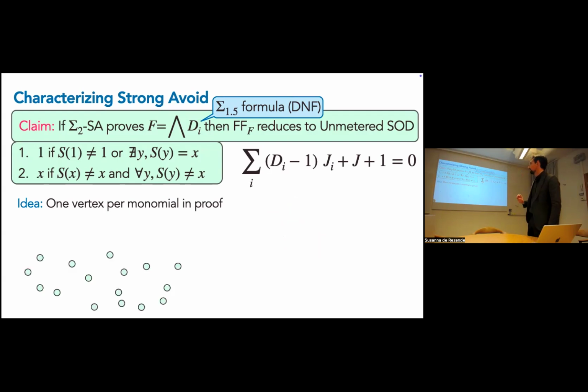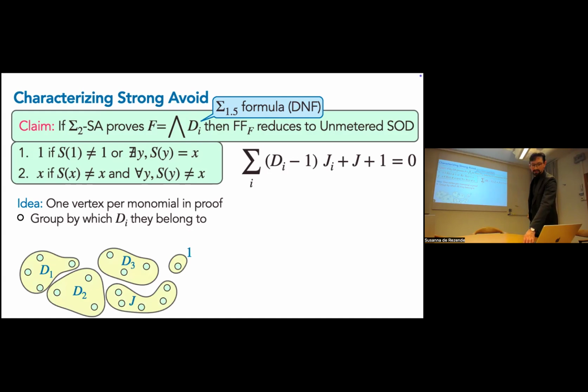We're going to introduce 1 vertex per monomial. We're going to group the vertices based on which group they came from. Either they came from one of these D_i, which is a DNF, or from the J, something like this.